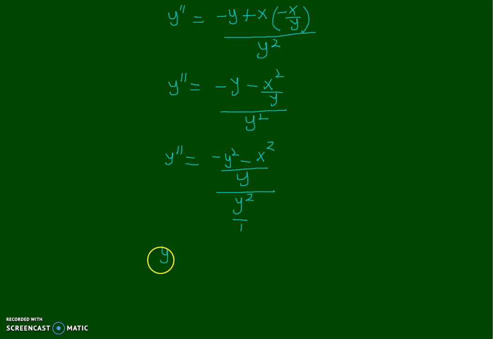So we have y double prime equals negative y squared minus x squared, all over y to the third. And as a final touch here, we can factor out a negative 1 out of the numerator. So we have negative y squared plus x squared, all over y to the third. That wasn't really necessary, but just for completion's sake.